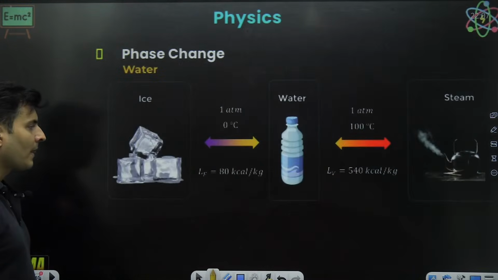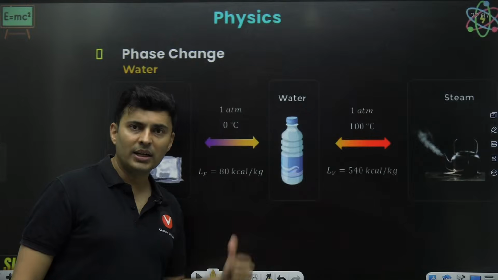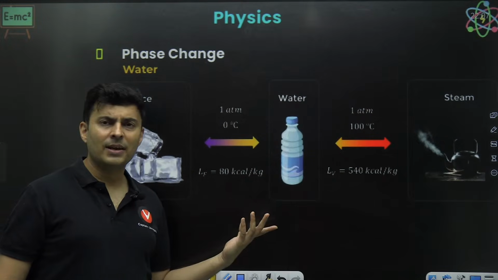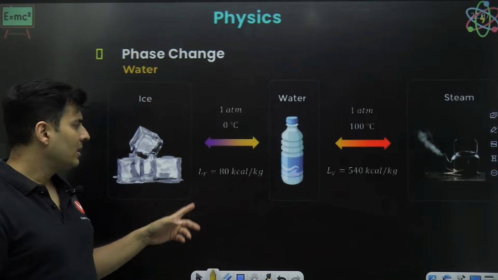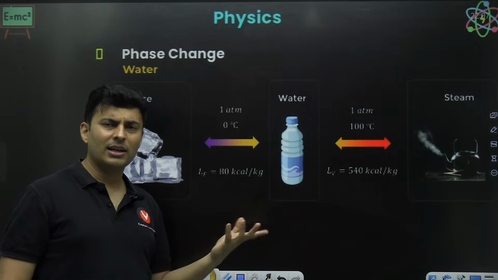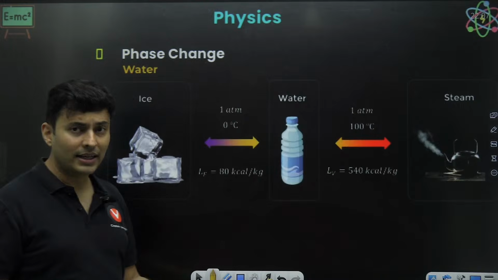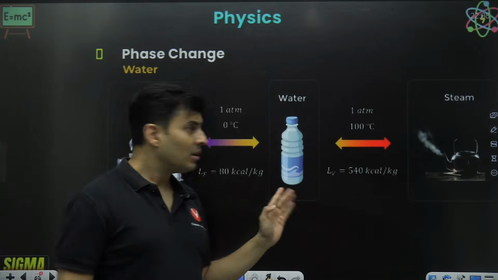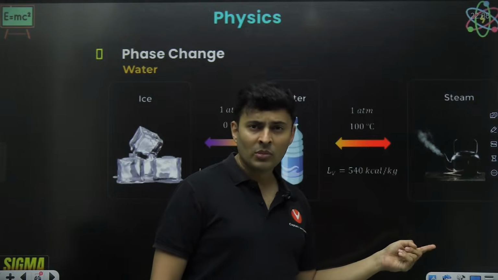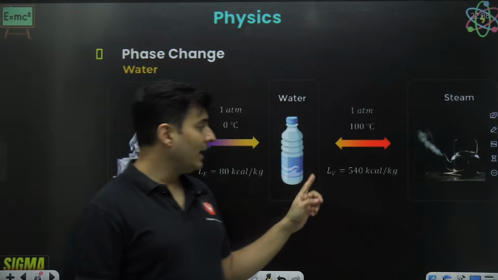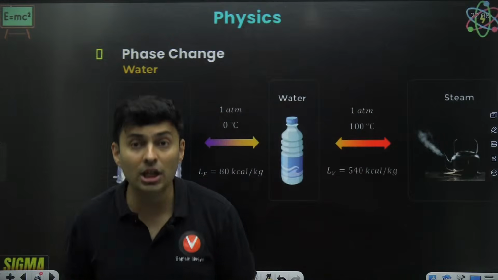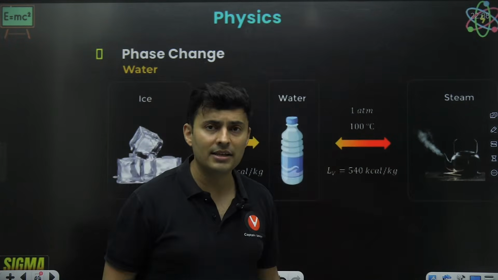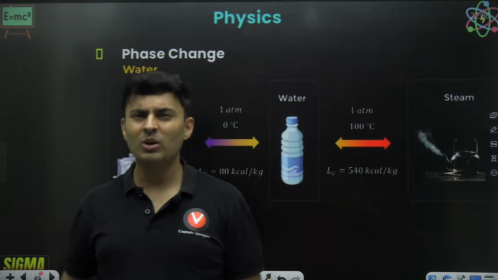For example, if you talk about ice converting into water, then per gram of ice, you will need 80 calories, or for a kg, you will need 80 kilocalories of heat to convert from ice to water or water to ice. But for water to steam, or from steam to water, you will need 540 calories for every gram, or 540 kilocalories per kilogram, because kilo will cancel.